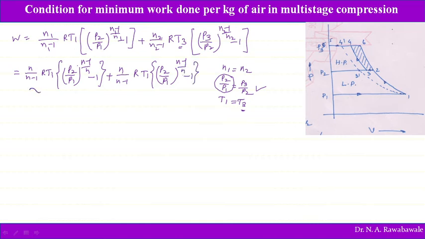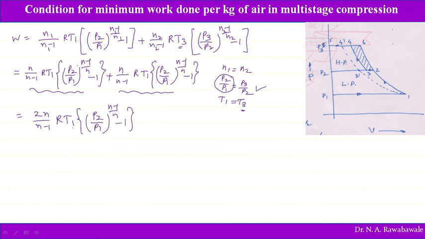So if we see, the first bracket is equal to the second bracket, both will become the same. Therefore, 2 times n divided by n minus 1 RT1 (P2 divided by P1) to the power of n minus 1 divided by n, minus 1.